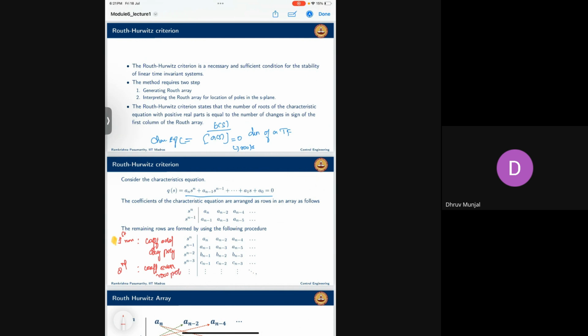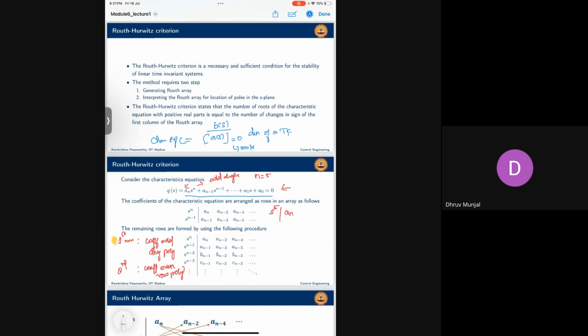This is the first step you have to follow. If this is your characteristic equation, I am assuming this is the odd degree polynomial. Let's take n equal to 5. Let me write from s power 5, then its coefficient an.